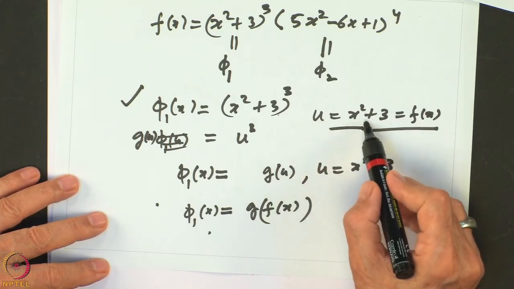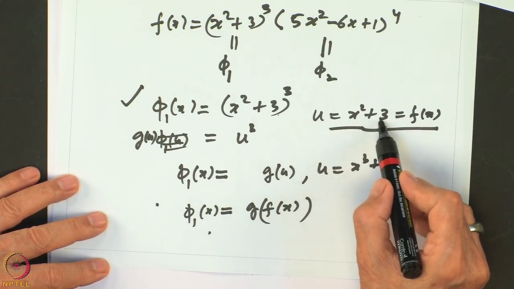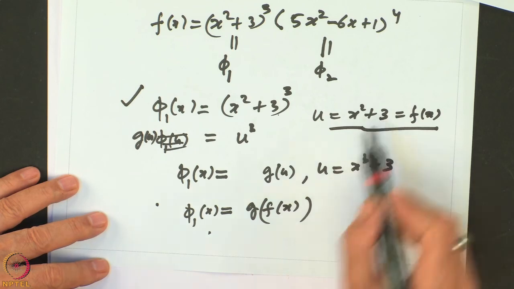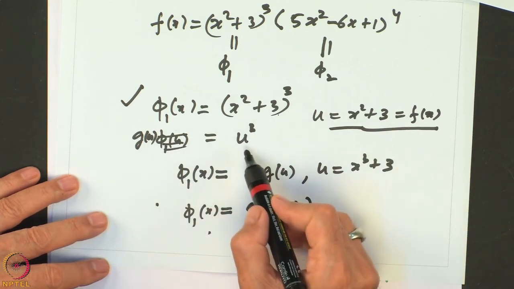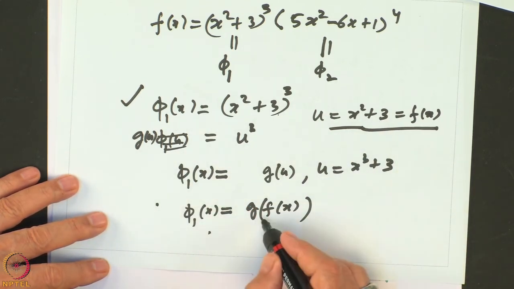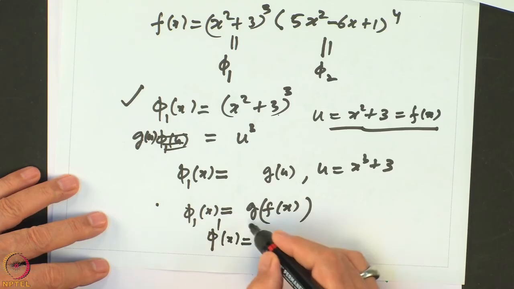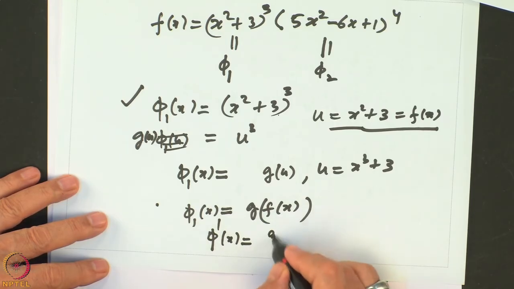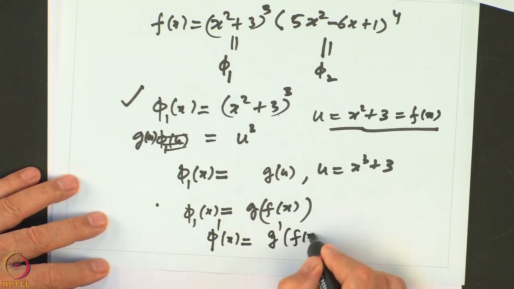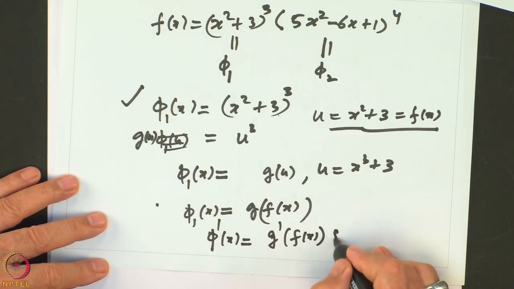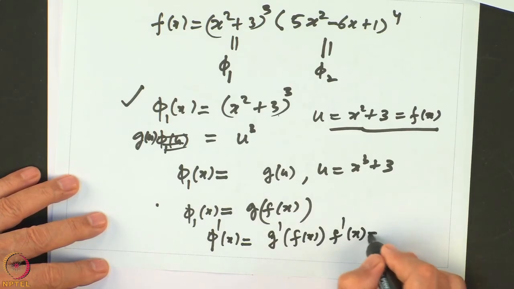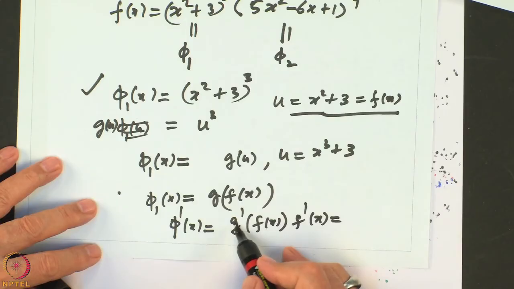So, u is a differentiable function of x, and g is a differentiable function of u. So, g is differentiable, f is differentiable, so this function is differentiable. And what is the derivative of phi 1 of x? By chain rule, it is g dash at f of x into f dash of x.